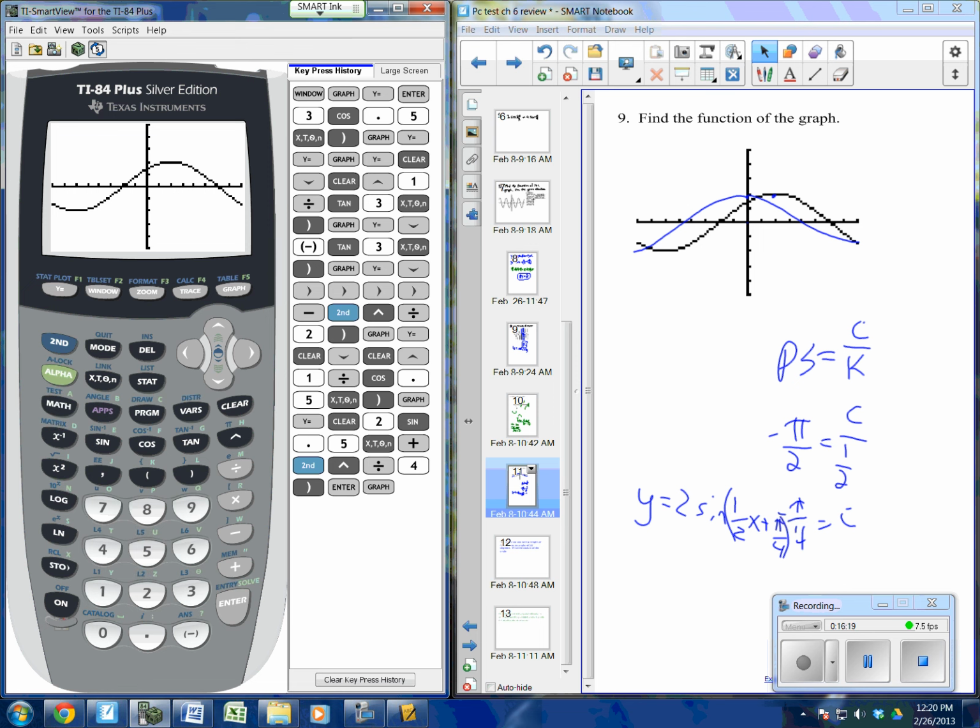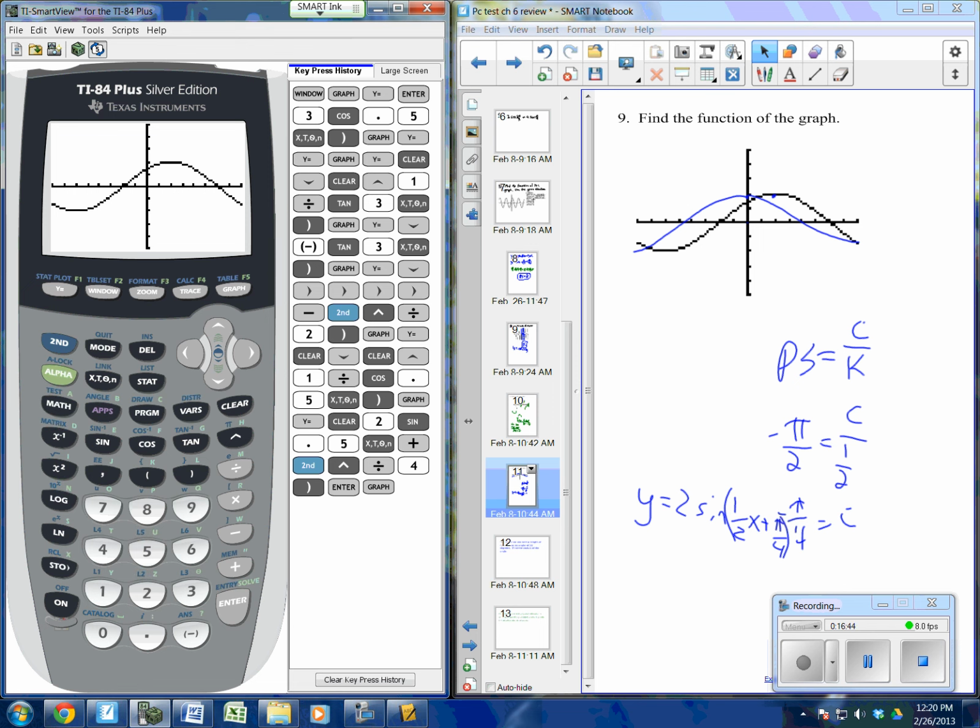Okay, because it shifted. What it did is, your amplitude was 2. There's only half a cycle that takes place between 0 and 2 pi, right? If you look over the whole thing, only one cycle takes place from negative 2 pi to positive 2 pi. And then I shifted it. Minus the negative pi fourths would be plus pi fourths, and it shifted to the left pi halves.